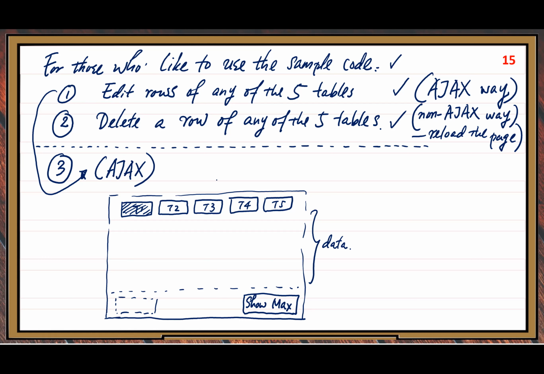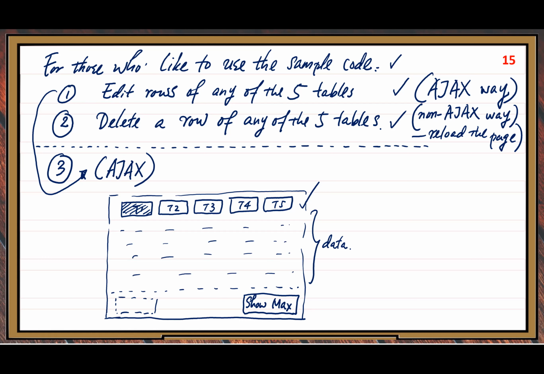In this diagram, the top bar has 5 links for our 5 tables, T1, T2, T3, T4, T5. After that, we list the rows of the currently selected table.